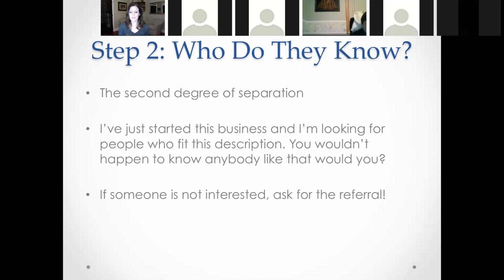One thing that's so important that you've got to get in the habit of doing is, when you are prospecting somebody or sharing what we have through conversation, you're going to find tons of people that aren't interested, but make sure you ask for that referral. Say, thank you so much for taking a look. No worries at all. By chance, would you know somebody that might be interested in something like this?